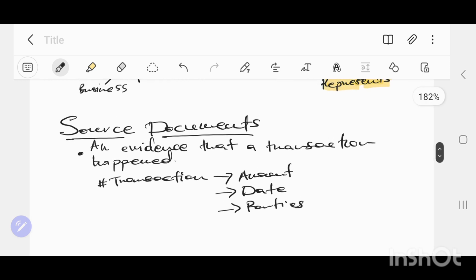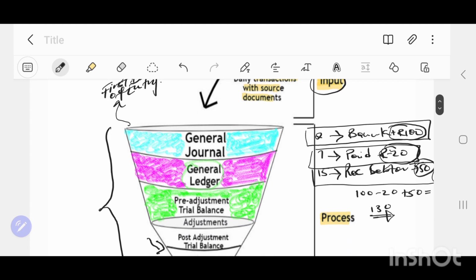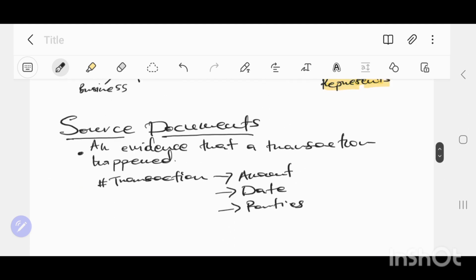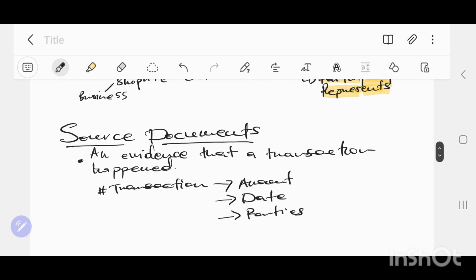When we want to record information in the first book of entry, we need source documents because they serve as proof that a particular transaction happened.